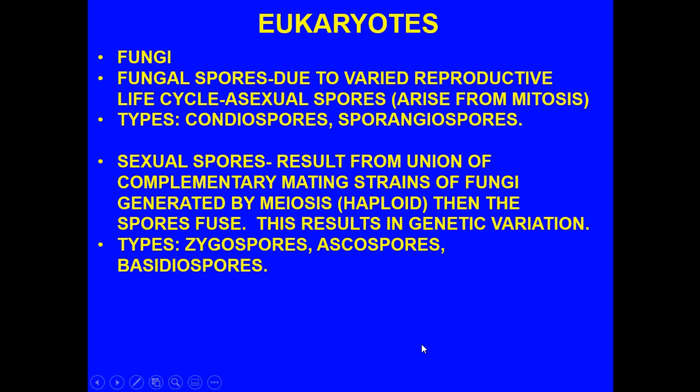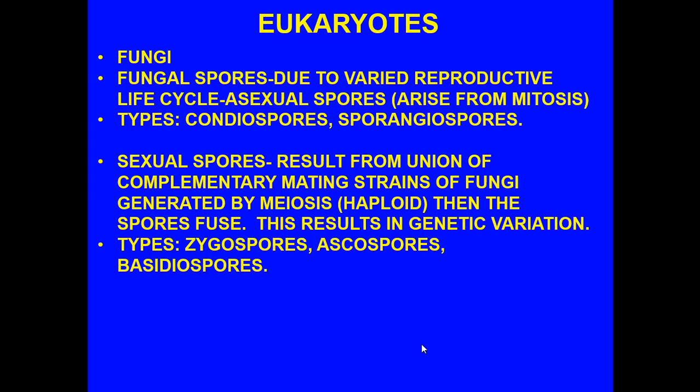When I talk about fungi, I have to talk about spores. Now, fungal spores, due to varied reproductive life cycles, you're going to have basically asexual spores and sexual spores. Asexual spores arise from mitosis, and these types are called conidiospores or sporangiospores.